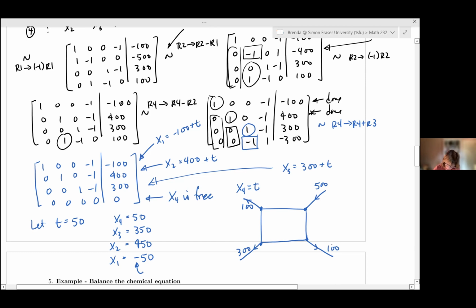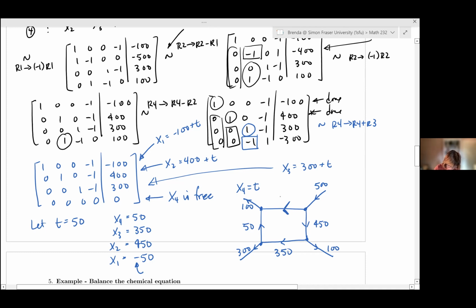And then we had this one here, x2, which we've identified to be 450. This one here was x3, which we've identified to be 350. This one here is x4, which we've identified to be 50. And then this one here is x1, and you'll notice I'm changing the direction of the arrow from the original.